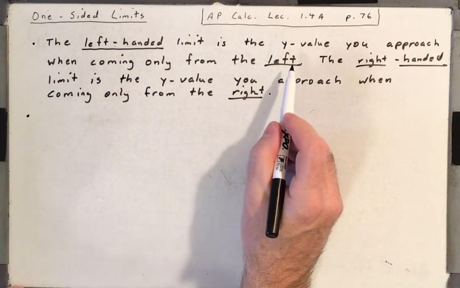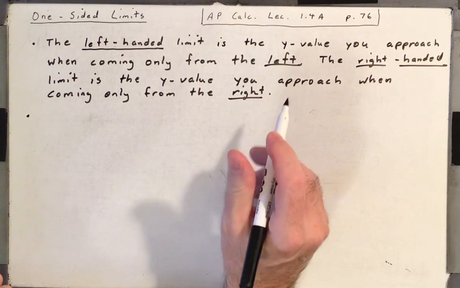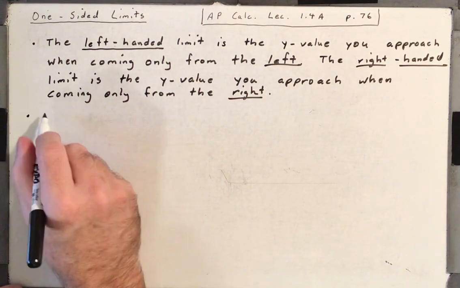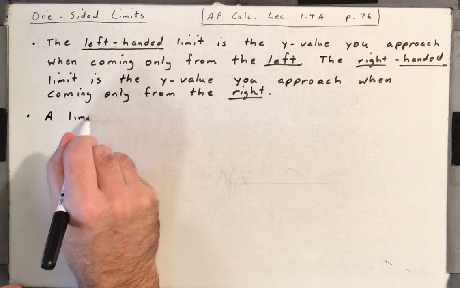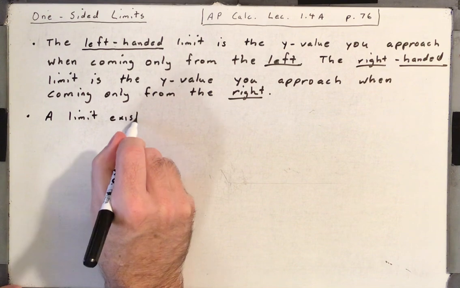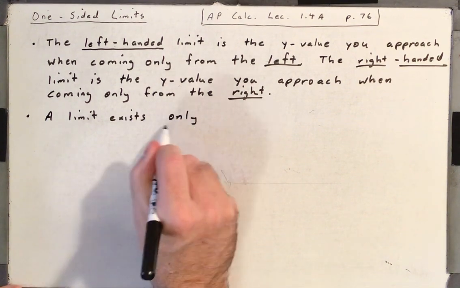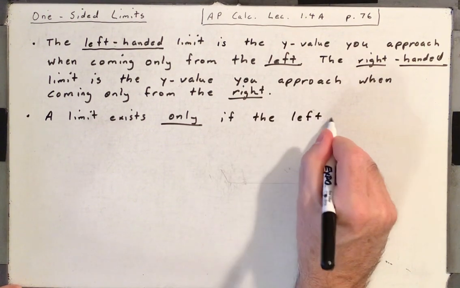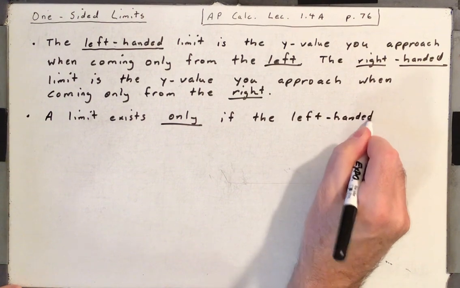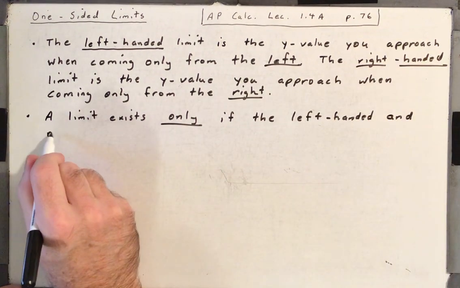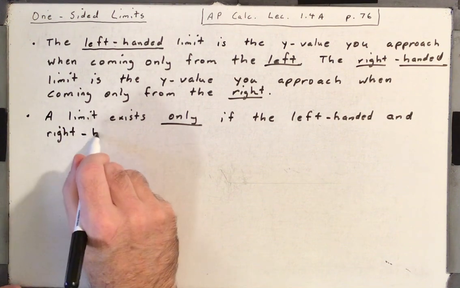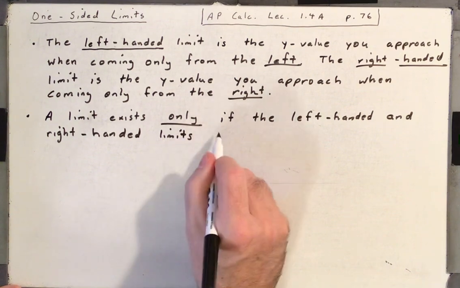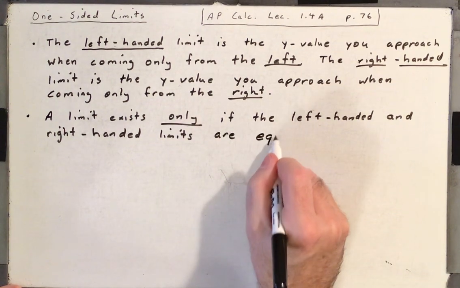With a left-handed limit and a right-handed limit, you might be able to get an answer there. But that doesn't mean that the limit exists. A limit exists only if the left-handed and right-handed limits are equal.